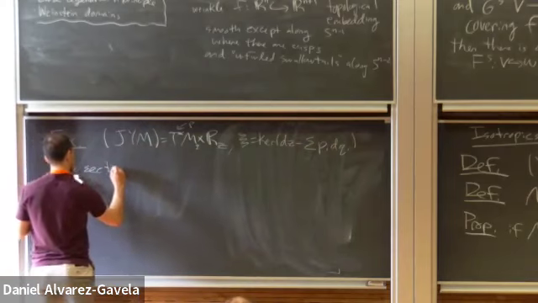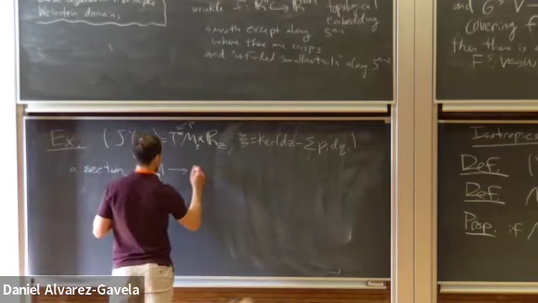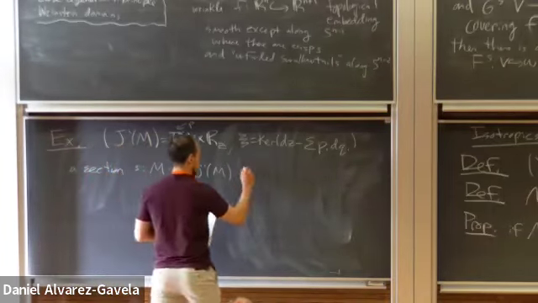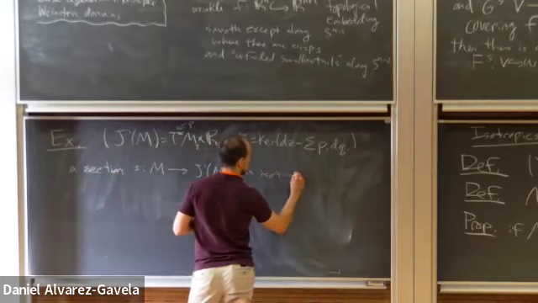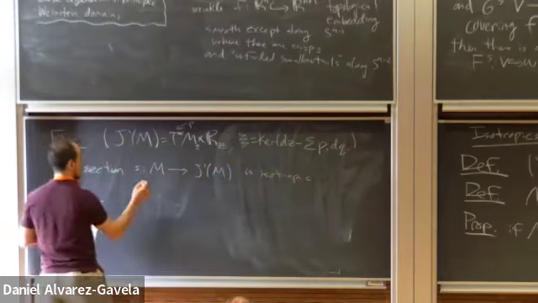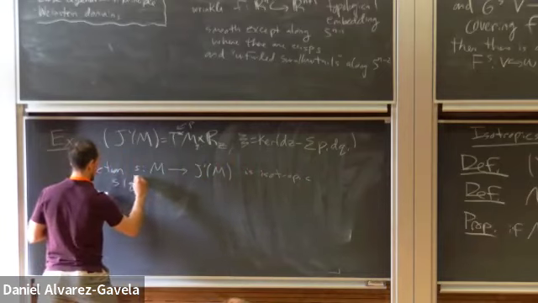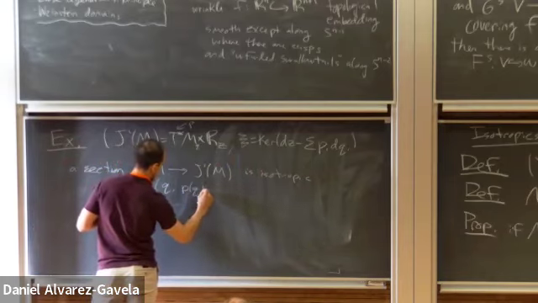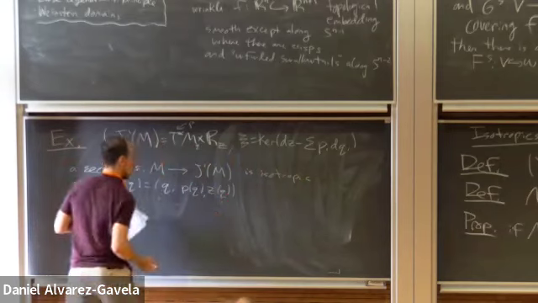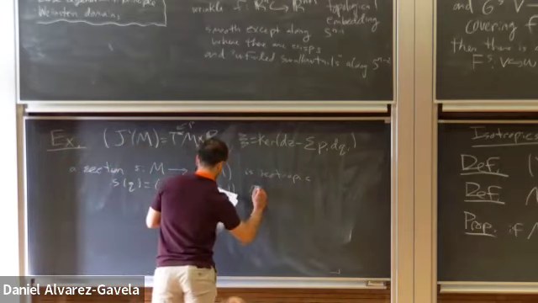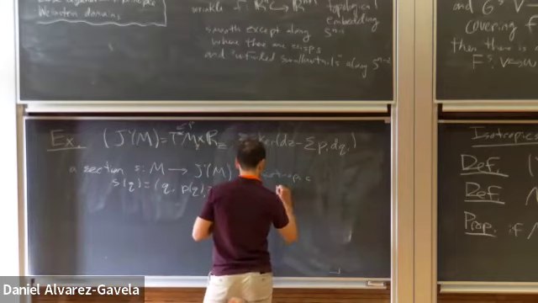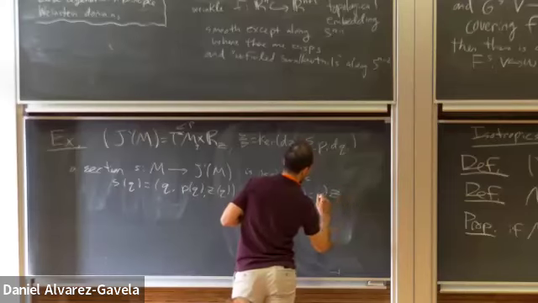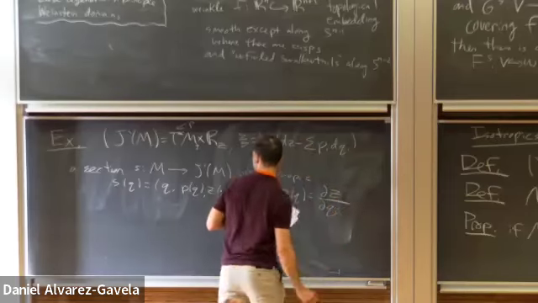And as Danny said, a section of the projection map is isotropic. So let's let the section be written as, so the p is going to be some function of the q's, and the z is also going to be some function of the q's, if and only if the p_i's are the partial derivatives of z with respect to q_i.